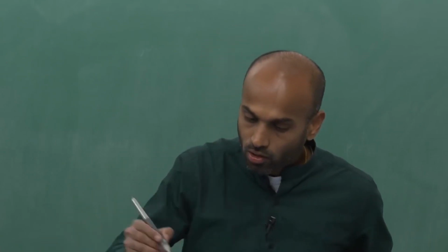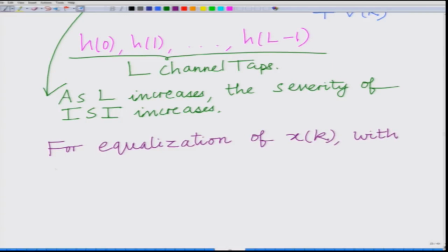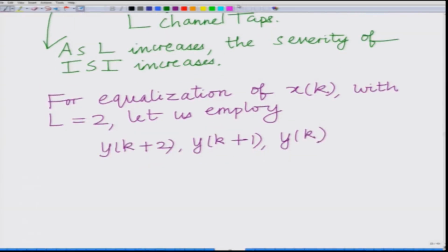So, for equalization, of course, let us go back to a simple scenario with L equal to 2. Let us employ yk plus 2, yk plus 1, yk, that is we are employing 3 symbols, or basically r equal to 3 symbols.